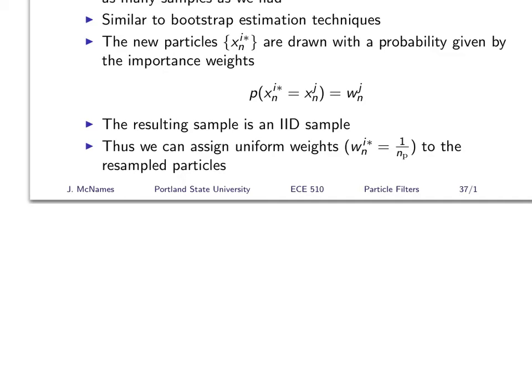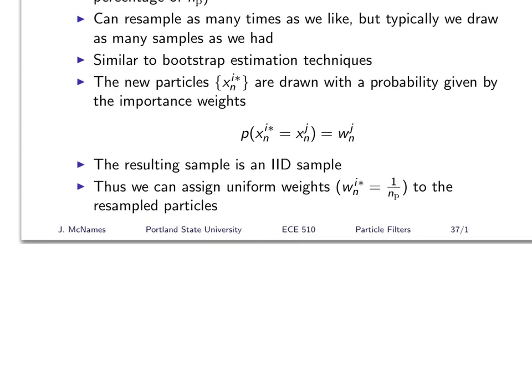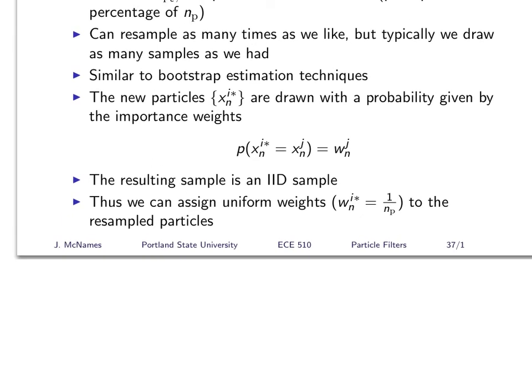Now, the downside of doing this resampling, and I should have a separate slide on this, is that when you draw particles that are in the shaded region, you're now losing the ability to see what's in the non-shaded region. You're losing what's called sample diversity. You no longer have trajectories that are in improbable locations.